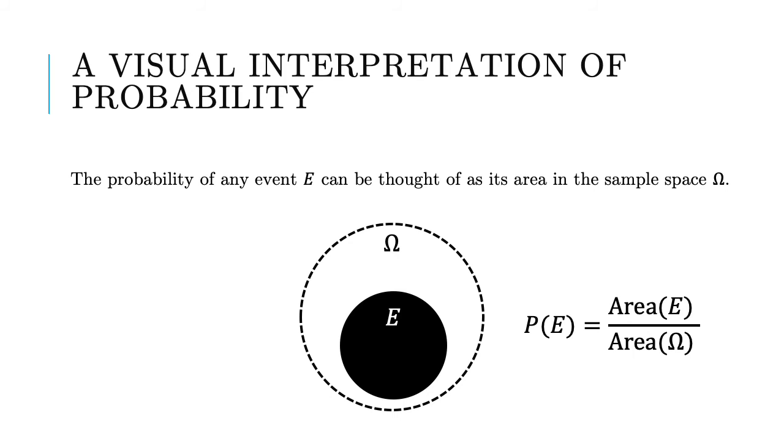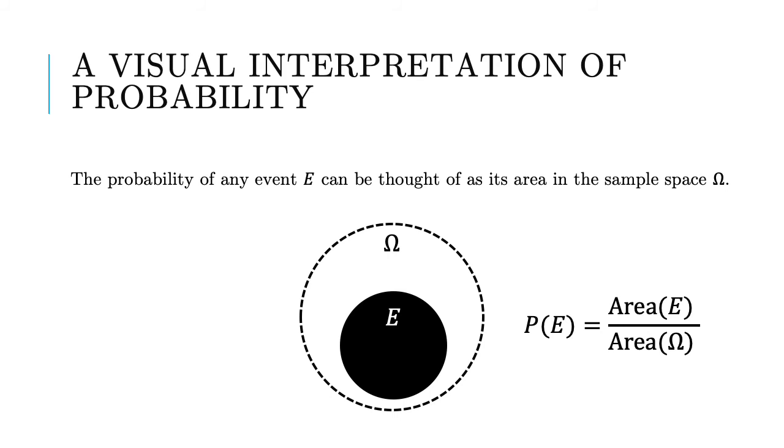If we had equally likely outcomes of heads and tails, then the sample space would be split in half, one half being heads, one half being tails. And if I took the area of either heads or tails and divided it by the area of the sample space, whatever that was, I would get one half. And if I had a biased coin, so heads was a third of the area of the sample space, that would give me a probability of 1/3.